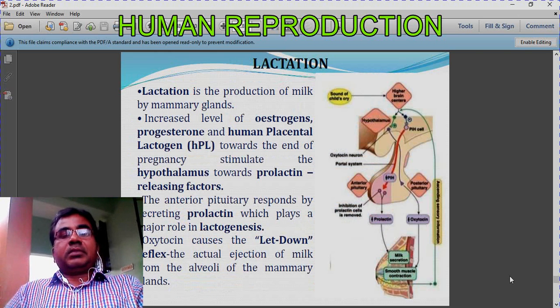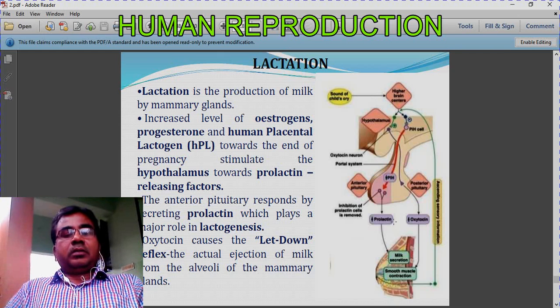So the next is lactation. It is the production of milk by the mammary glands. During this period, the hormones estrogen, progesterone, and human placental lactogen levels will be high.